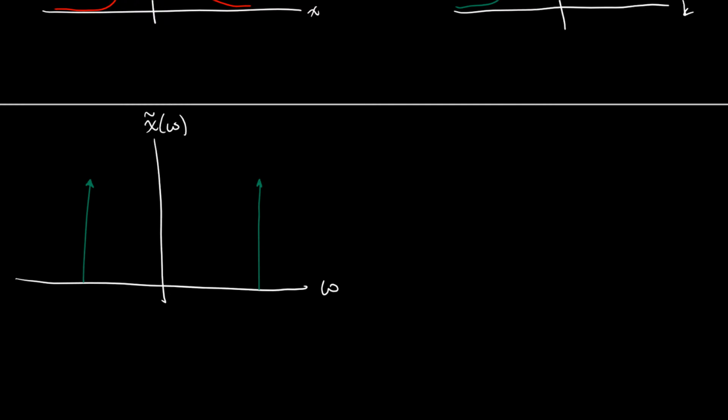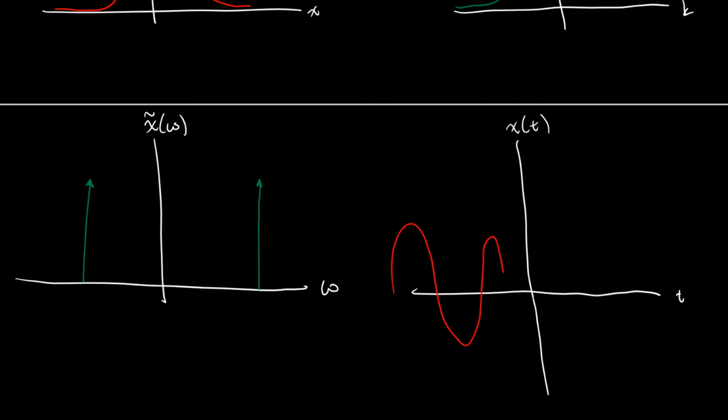But when I look at it in t, I get an oscillating function, right? And so I get all of these different values of t possibly contributing to x of t.